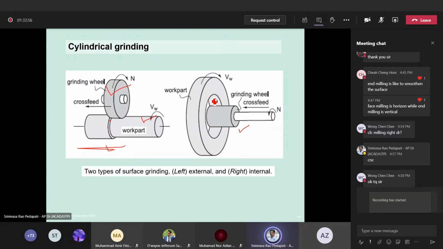Internal grinding means the grinding that is happening here is on the internal surface. So this is called internal grinding. But of course, both are cylindrical grinding only. The only thing is whether you are machining an external surface or an internal surface. That is the only difference between these two orientations. But principle wise, it's a single principle, cylindrical grinding.